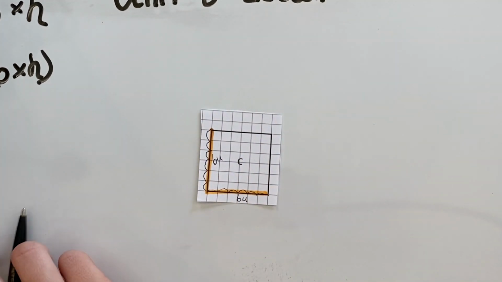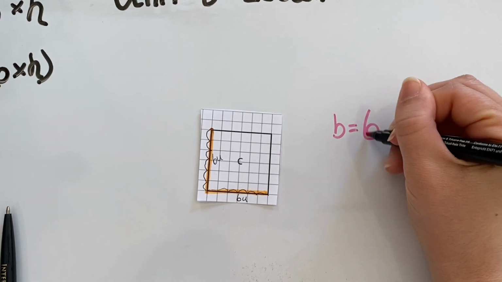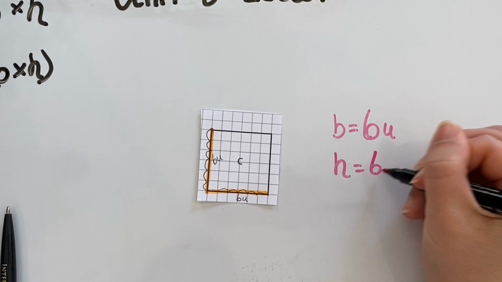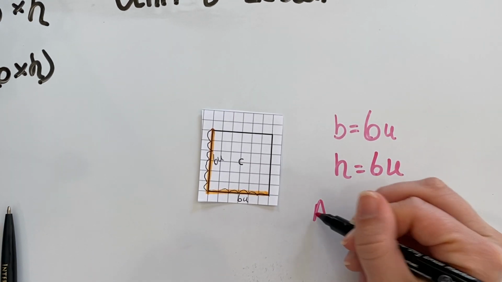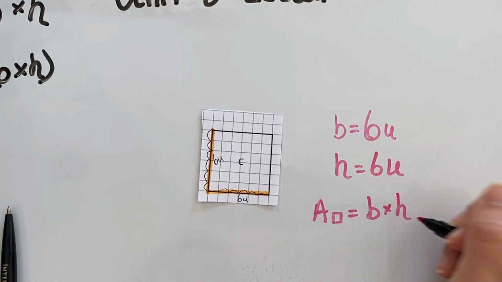So then we can write our information over here. My base equals 6 units. My height was 6 units. So let's plug that into my formula, which is A of a square equals base times height.